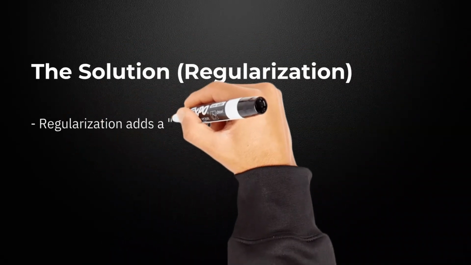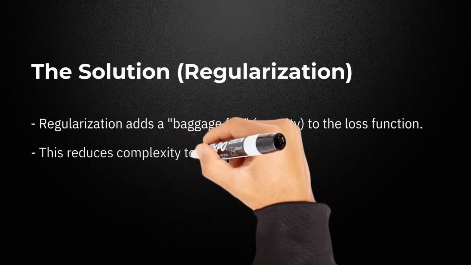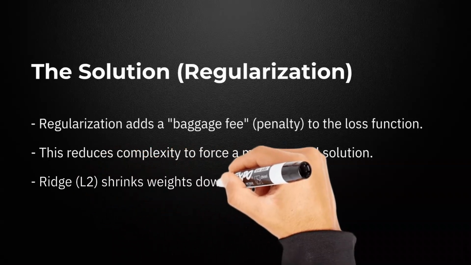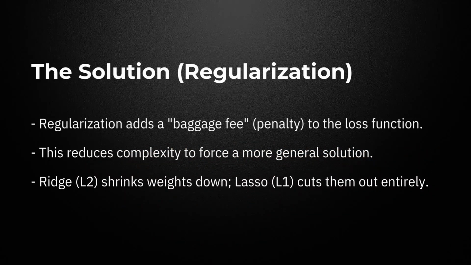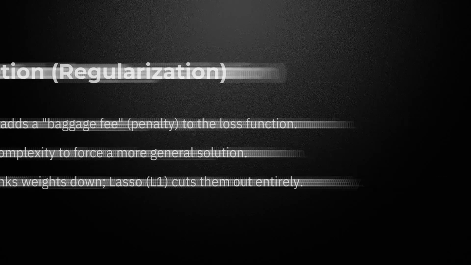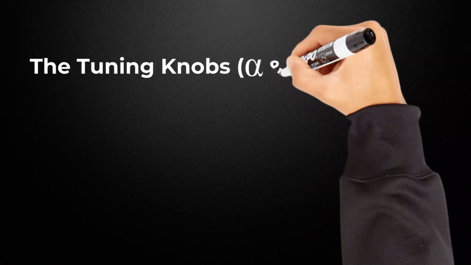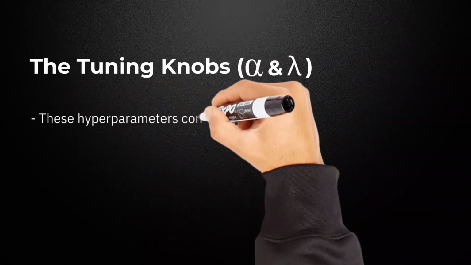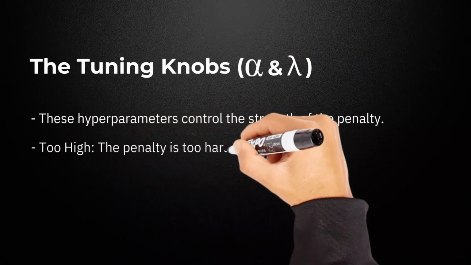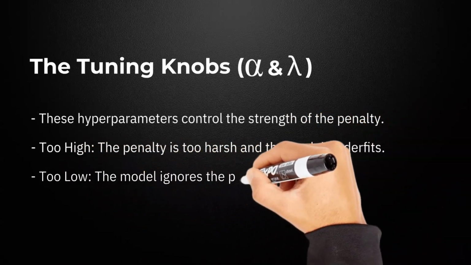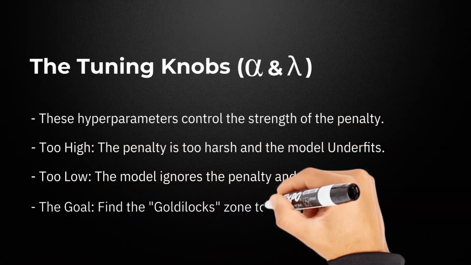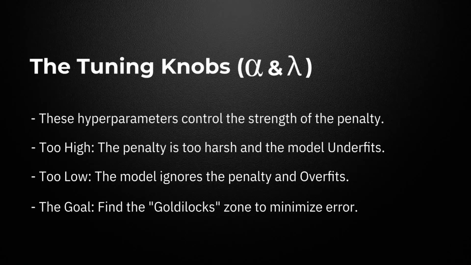Regularization is a technique that adds a baggage fee to the loss function, and that helps with penalizing large weights and pushing the model towards simpler, more general solutions. And there are two flavors of regularization, which are ridge and lasso. You have hyperparameters like alpha or lambda, which are the dial that controls how strongly the penalty is applied. If it's too low, you overfit. If it's too high, you underfit.